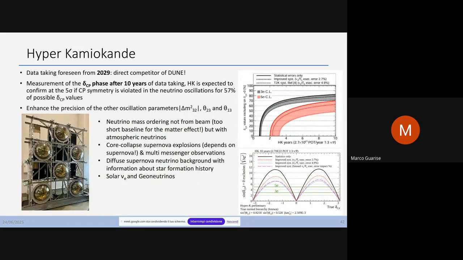So this will be a direct competitor of DUNE. They will also measure, at a few sigma level, the value of delta CP and the mass ordering, and also the other neutrino parameters, the possible supernova core collapse, or solar and geoneutrinos.